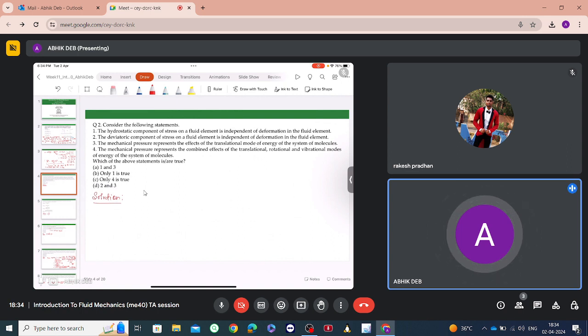So the Cauchy's equation of motion is given as rho Dv_i/Dt is equal to rho g_i plus dou by dou x_j of tau_ij. Okay, so this is the Cauchy's equation of motion.